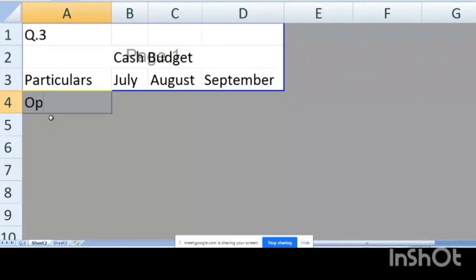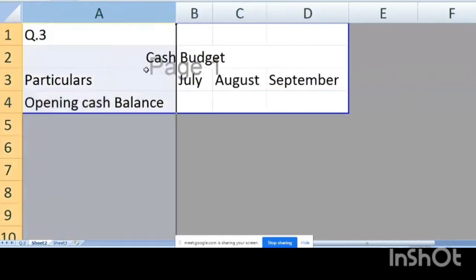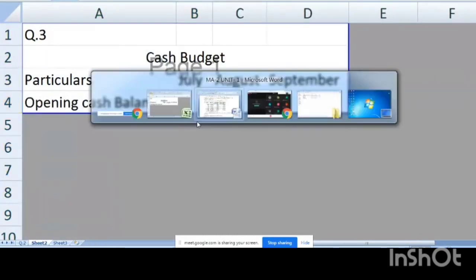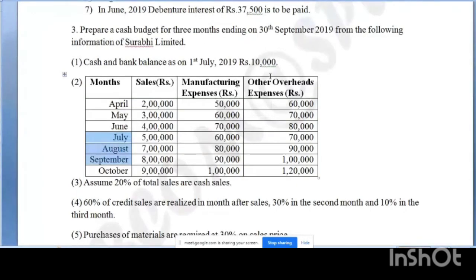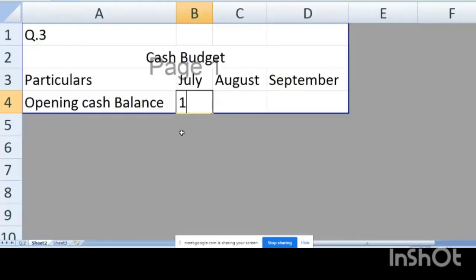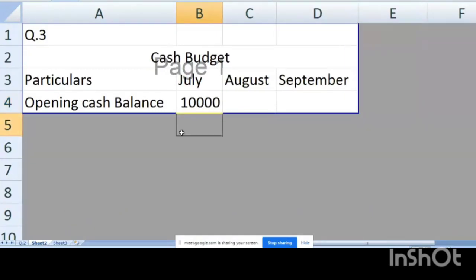You know that opening cash balance. So what is opening cash balance here? Opening cash balance is 10,000 rupees, the first point. So first write the 10,000 rupees opening cash balance. Done.